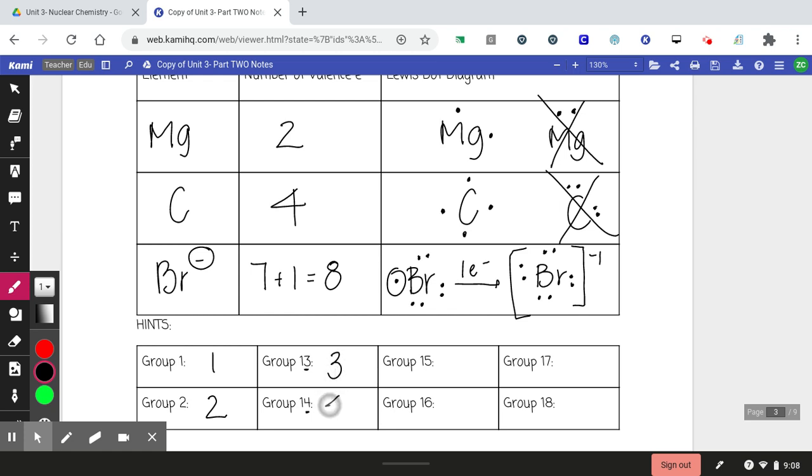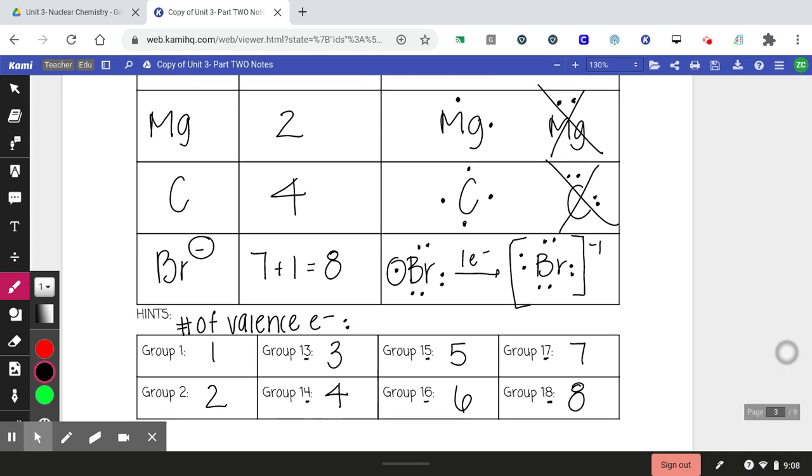Group 14 has 4. Group 15 has 5. Group 16 has 6. 17 has 7, and then 18 has 8, and that's why it typically doesn't bond. So this tells us the number of valence electrons in each group.